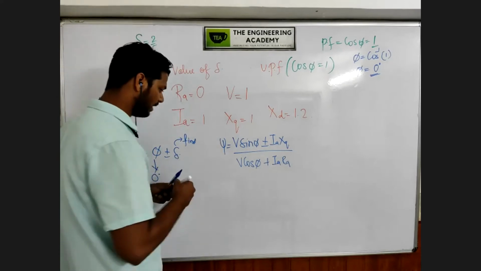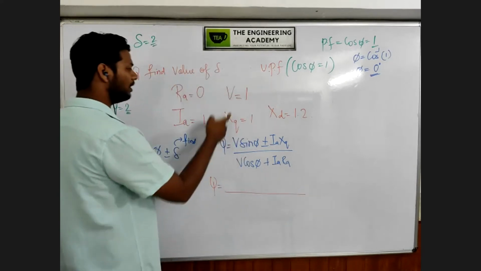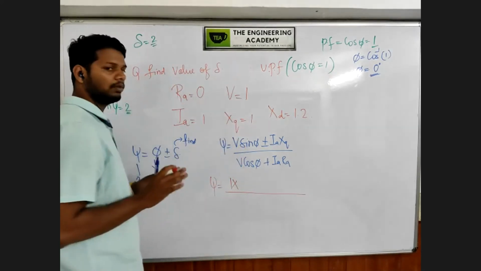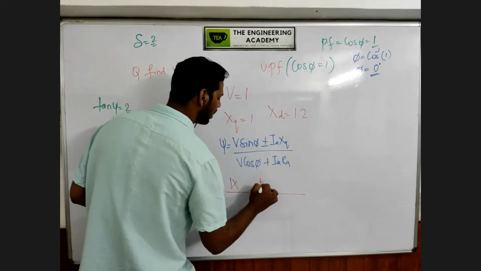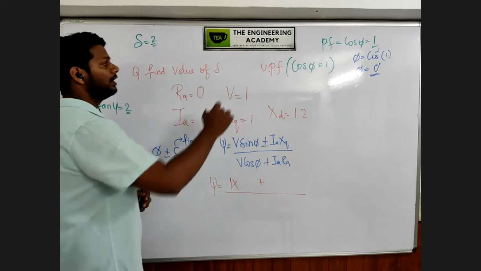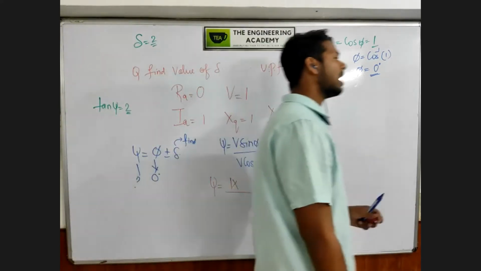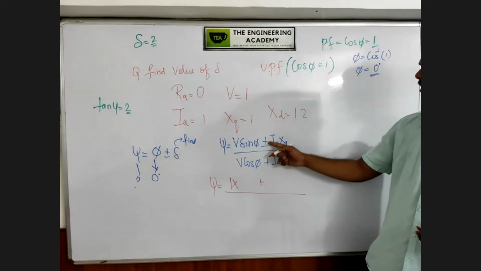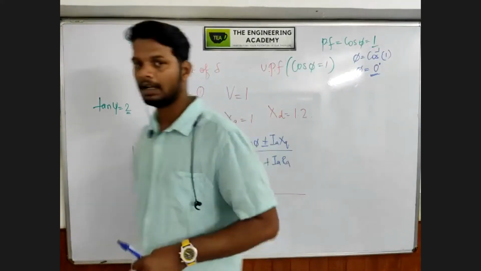So I will write psi: what is the value of V? The value of V is 1. For now, we will not write the value of sin phi; I will tell you how to find it. Whenever they ask for unity power factor, always take plus.